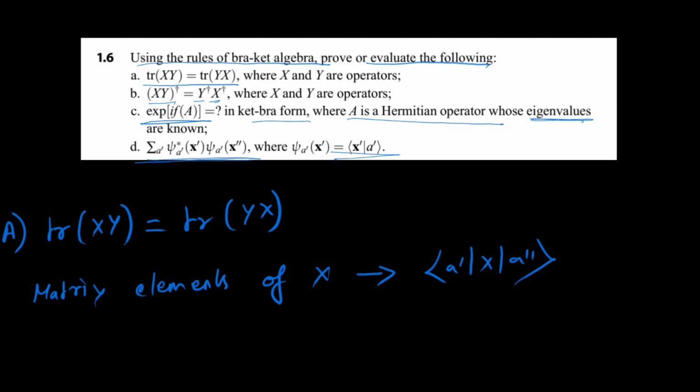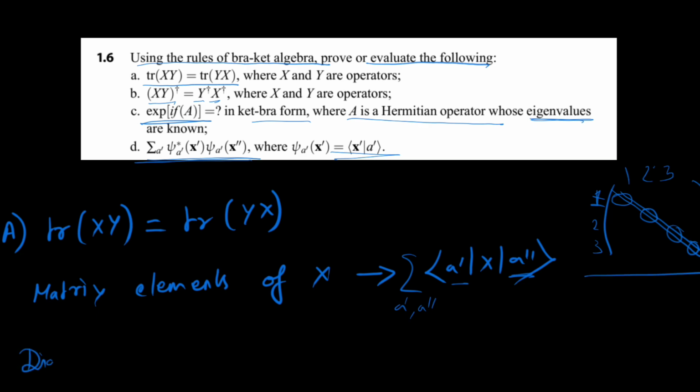Similarly, for the diagonal elements, if this is a matrix, the row and column numbers are the same. This is 1, this is 2, this is 3, so these will have all the same values. So a prime and a double prime will be the same here. There are two sums over a prime and a double prime since it covers the whole matrix.